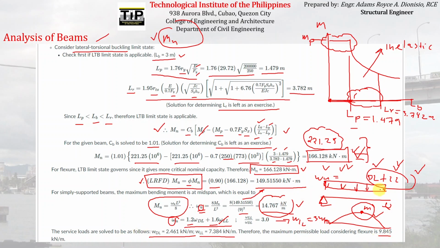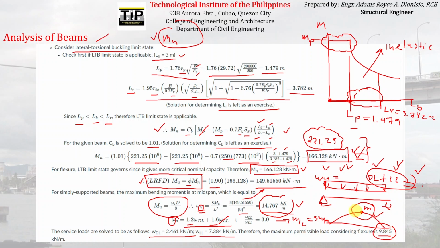So meaning the magnitude of the sum of this dead load and live load that will ensure that the steel beam will not fail with respect to yielding or lateral torsional buckling must be equal to 9.845 kilonewton per meter. So that must be the maximum value of the sum of the dead load and live load that you will apply on this beam to ensure that there will be no limit state that will be exceeded or that will not be satisfied.